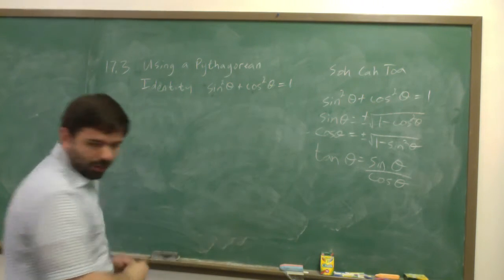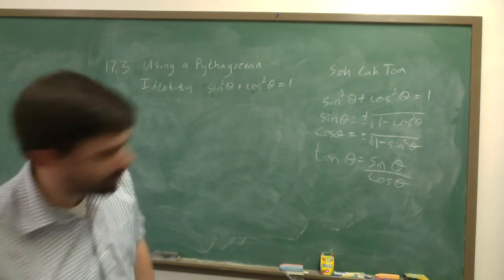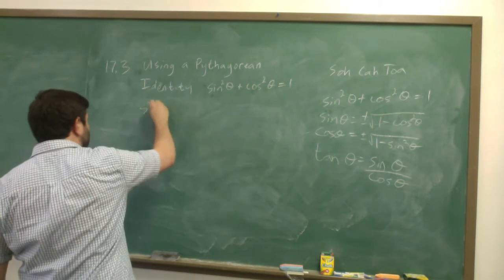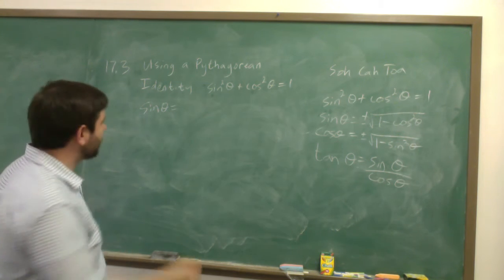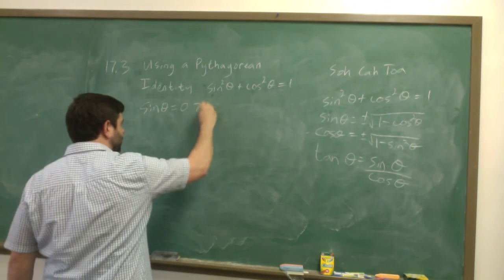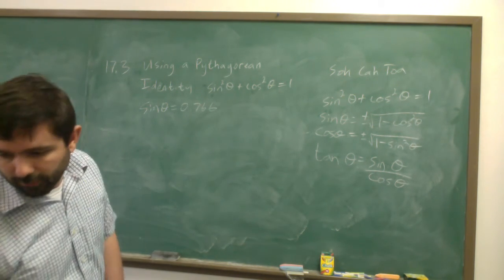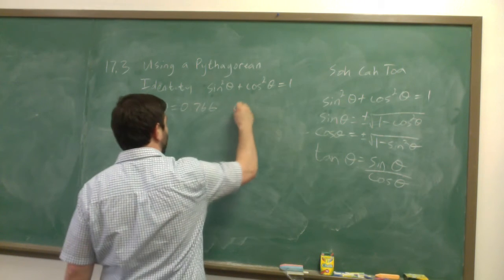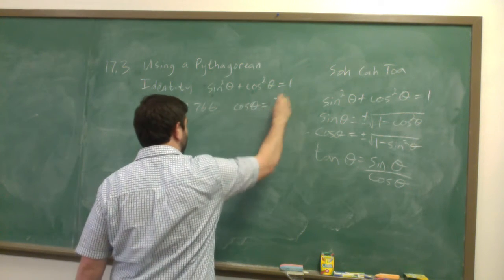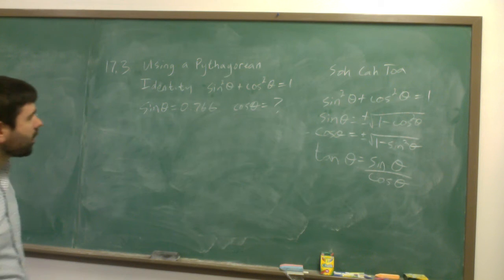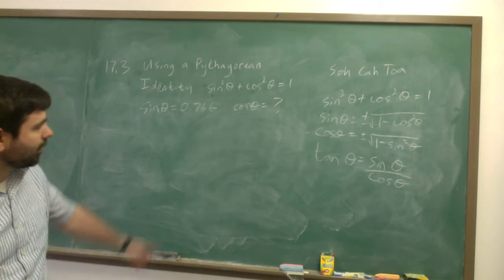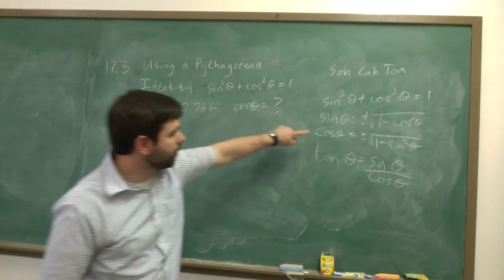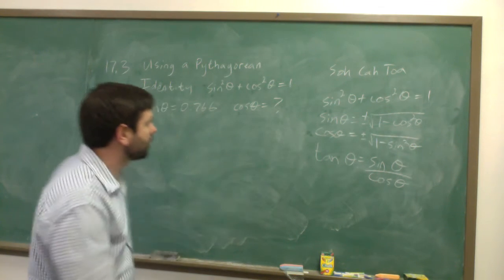Okay, so you're going to have problems that ask you if sine of theta equals 0.766, find cosine of theta. And all we do in a case like this, we're looking for cosine theta, so we're going to use this trig identity here.